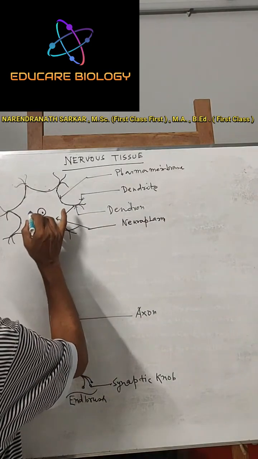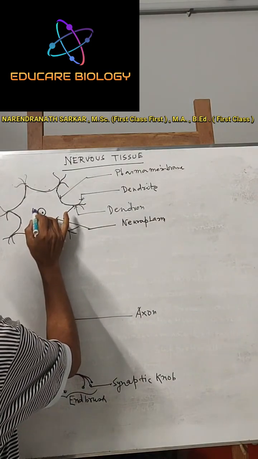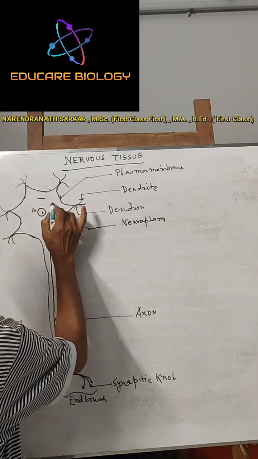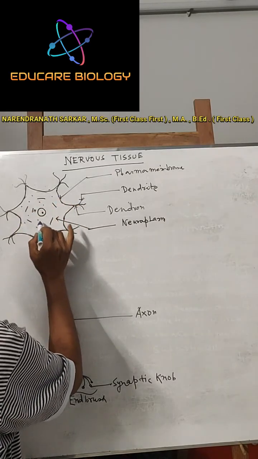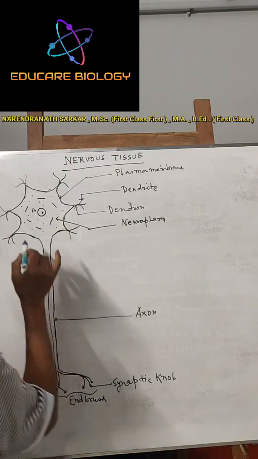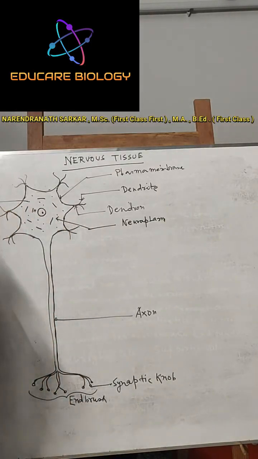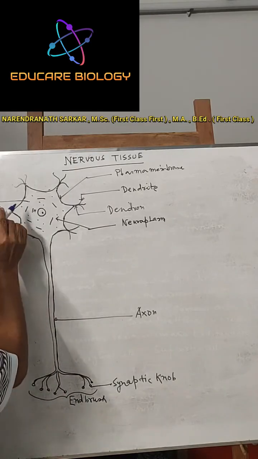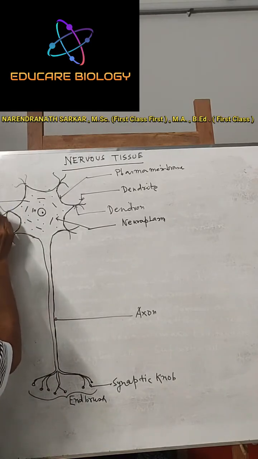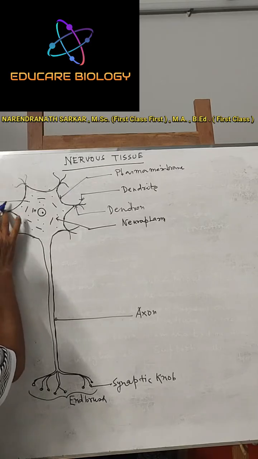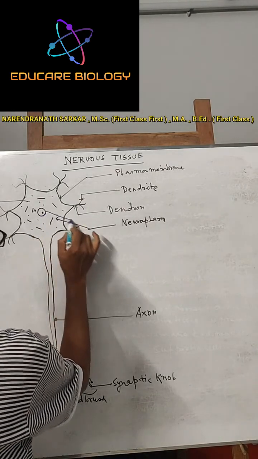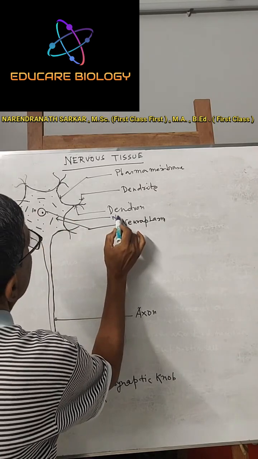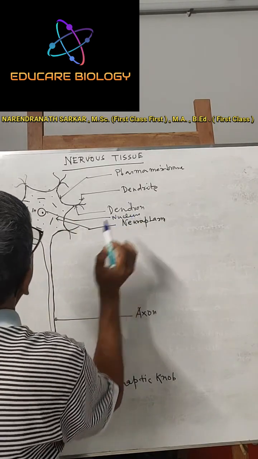Next, this is Golgi bodies. This is mitochondria. This is Nissl bodies. This is the nucleus.